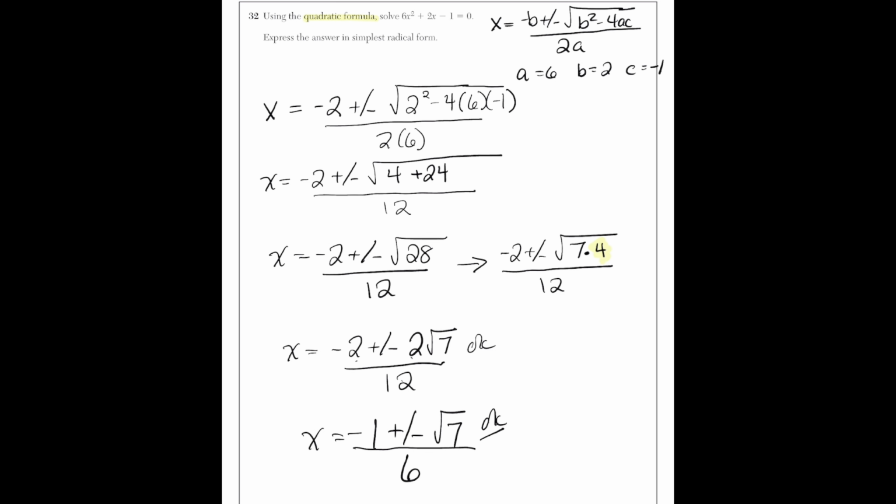I could also see some kids doing, what could I see them doing? What if they instead did this? So negative 2 over 12 plus or minus 2 square root 7 over 12.